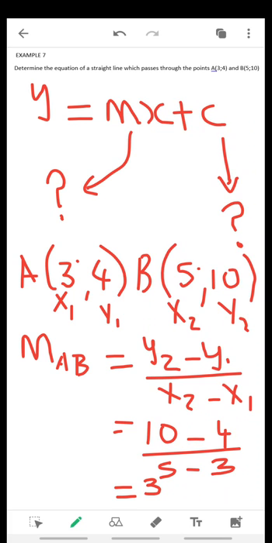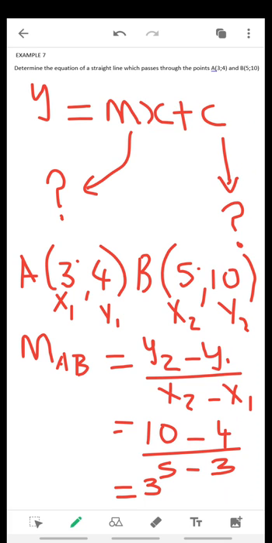Determine the equation of a straight line, y equals mx plus c, which passes through the points A(3, 4) and B(5, 10). Remember, A and B will be at a certain distance from each other, right? So when I use A and B, I can find the gradient of the straight line.